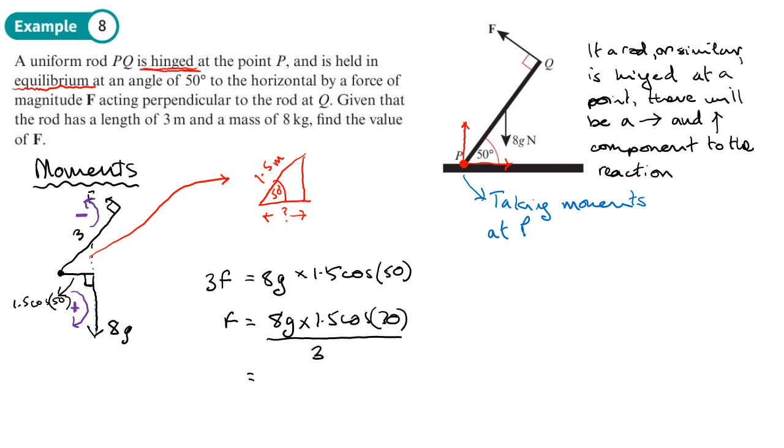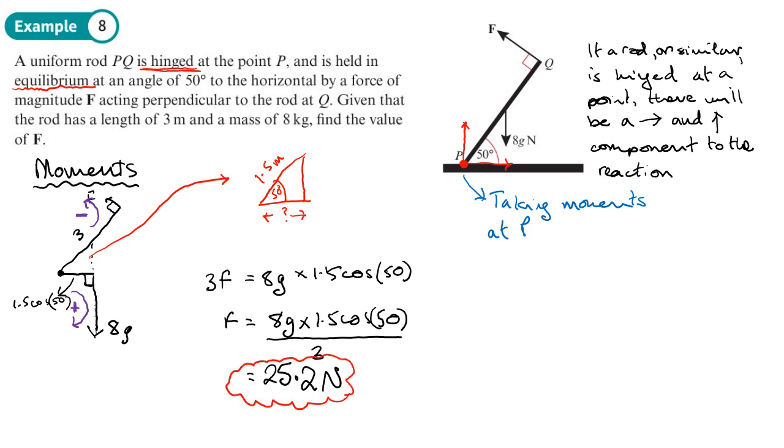So fraction button, 8 times 9.8 times 1.5 cos 50. Then that's all being divided by 3. And I get 25.1972743. So we'll go for 3 significant figures. So we'll go 25.2 newtons. That's the size of that force.